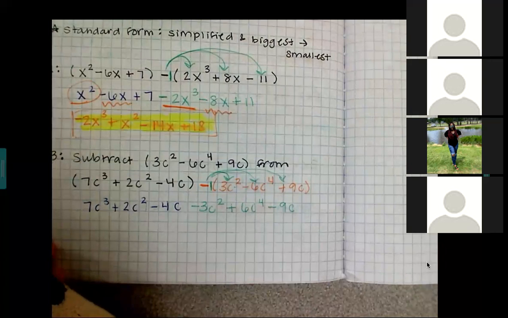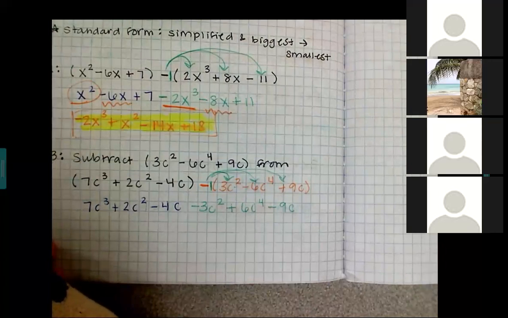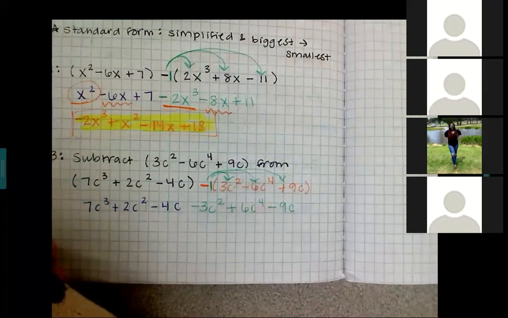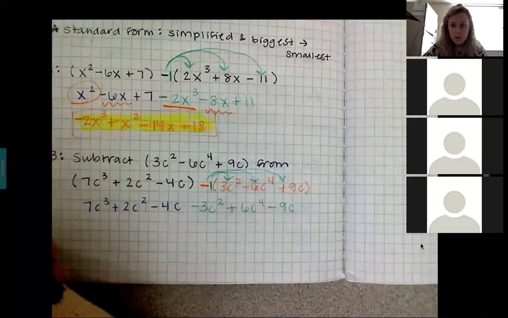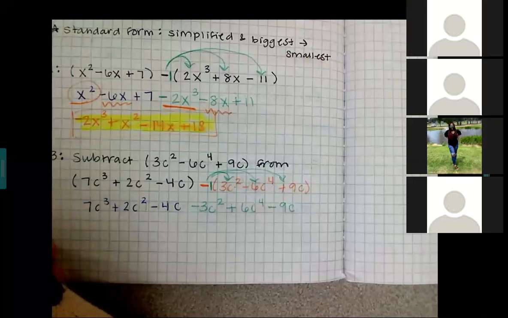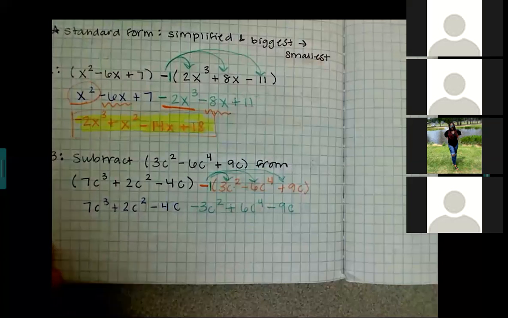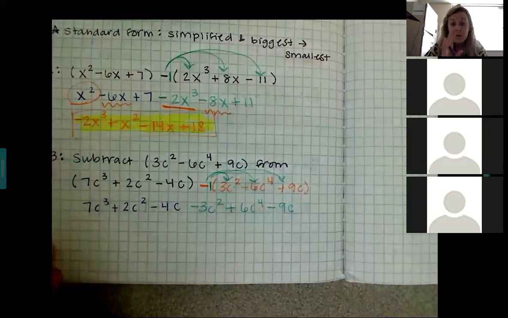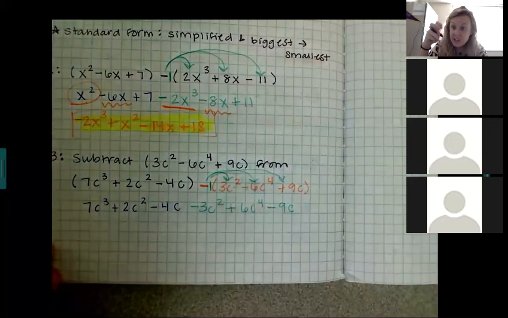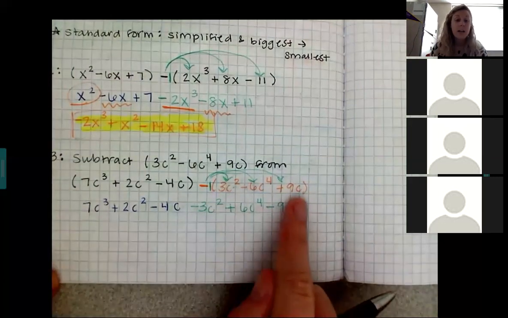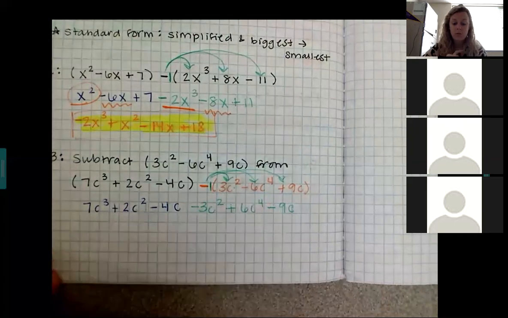Yeah. All right, I know y'all talk to me. That's what I'm asking. Soraya, you good? Yes. All right, L'Oreal, you good, babe? I'm good. Okay, so from here, now that we've distributed, AKA subtracted, we took that negative sign into those 3 terms we were subtracting. What do I do now?